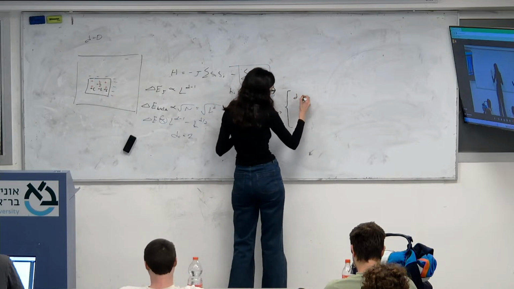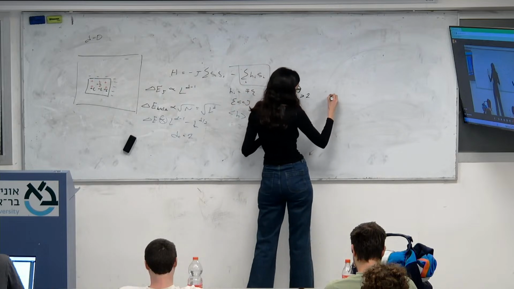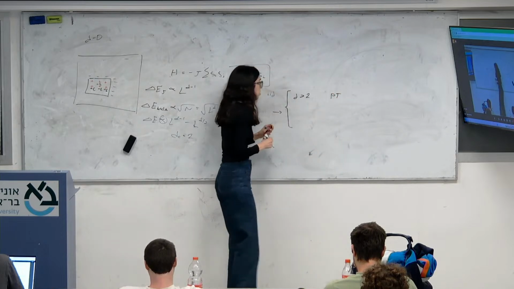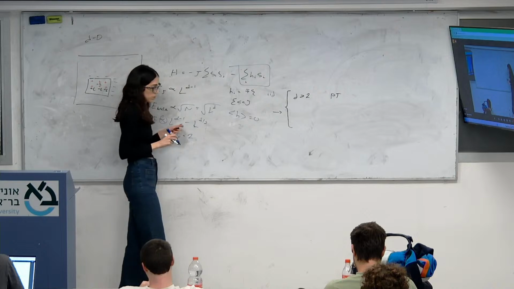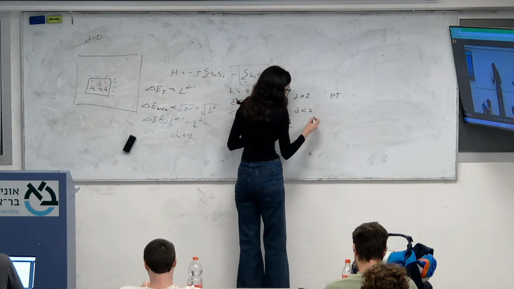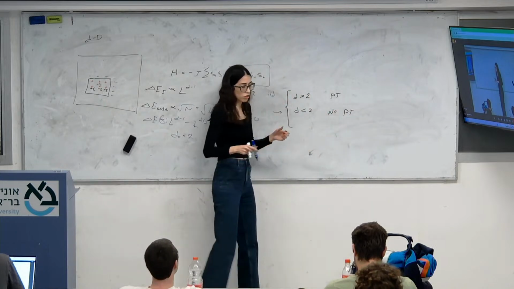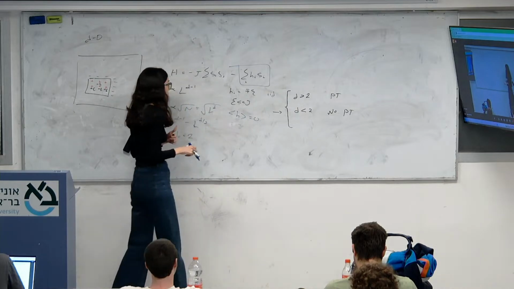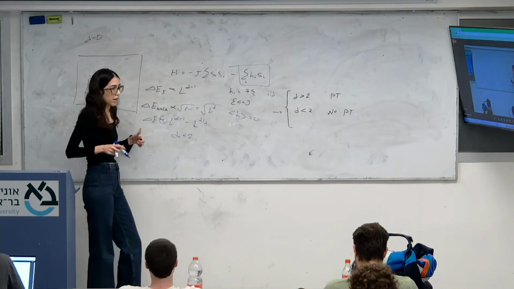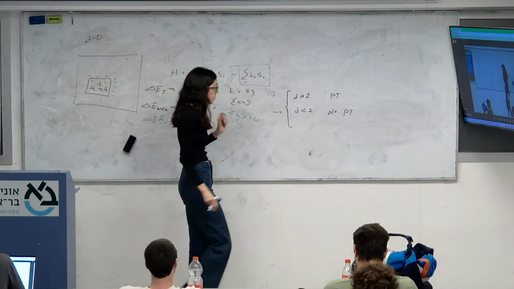If D is larger than 2, there is a phase transition, because it means that the first one is still dominant. If D is smaller than 2, there is no phase transition, because the interaction with the field is so strong that it overcomes the difficulty from the interaction with the neighbors.